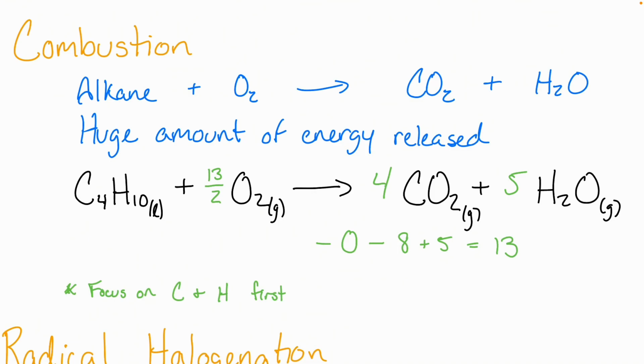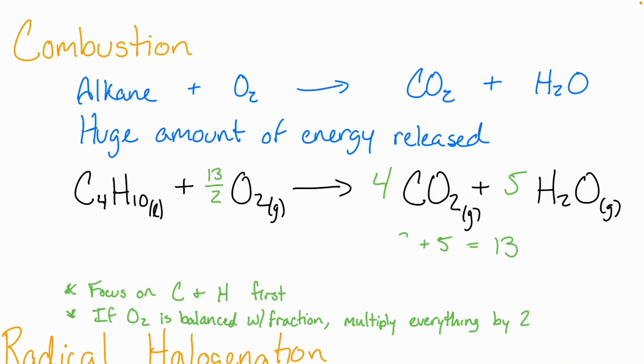But if we can get to this point where it's balanced, it's very easy to turn these all into whole numbers, to get rid of that fraction, okay? So we can say if O2 is balanced with a fraction, we're just going to multiply everything by 2.